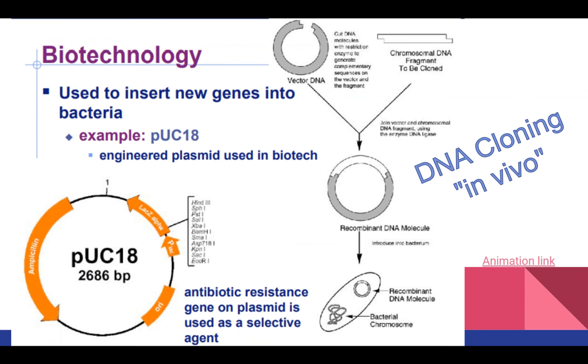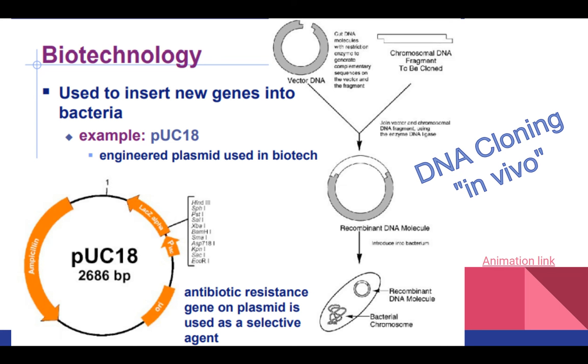The reason we're focusing on plasmids specifically today is that plasmids are really important in biotechnology because scientists have found that since these little bits of DNA are so easy to transfer from one bacteria to the next, we can modify these plasmids. If there's a gene that we want to give to a bacteria, all we have to do is insert it into a plasmid and then put that plasmid near the bacteria, and the bacteria will grab it and take it in, and then it has that gene that we wanted to give to it.